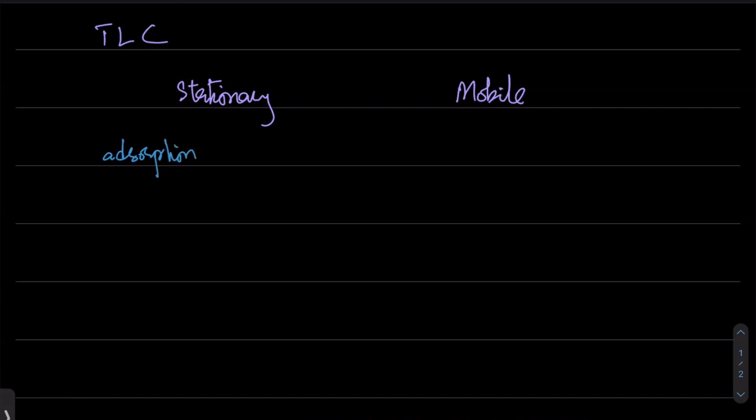So the stationary part, or the stationary layer, or stationary phase, as we call it, provides a surface which offers adsorption. Usually we use alumina or silica. Why? Because we need a surface which is rough, which offers a large surface area on which the substance can make bonds and get adsorbed.